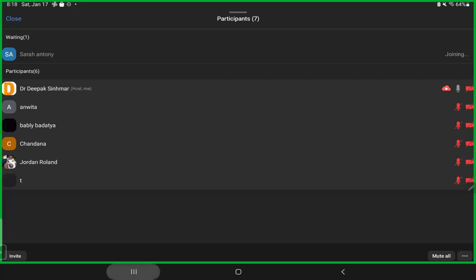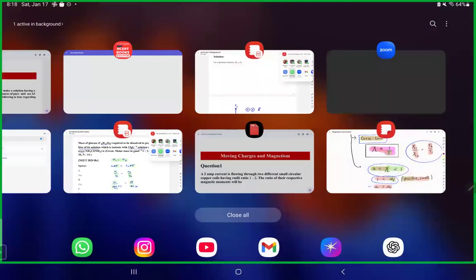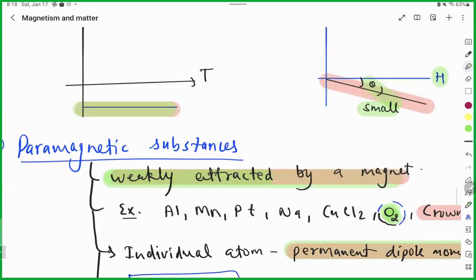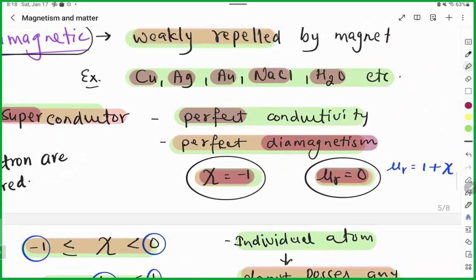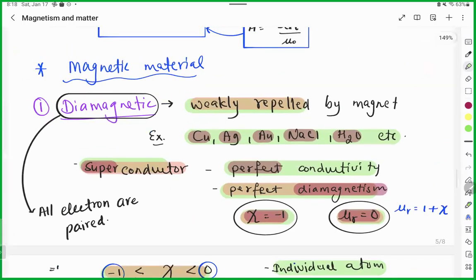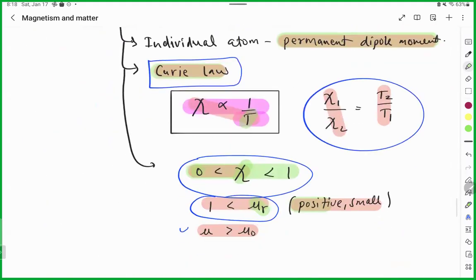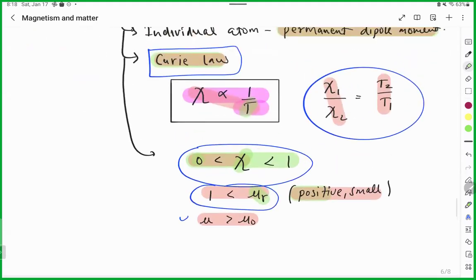Zero for the perfect diamagnetic. Right? Next.